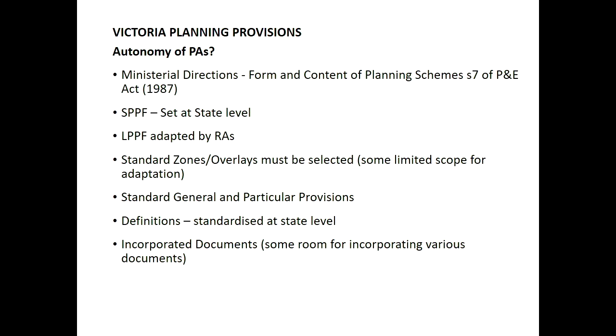For example, if there's contaminated land, or the form and content of planning schemes, and so forth, or the review process. And if we have a look at the state planning and policy framework, it's set at the state level by the government of the day through the Minister for Planning.